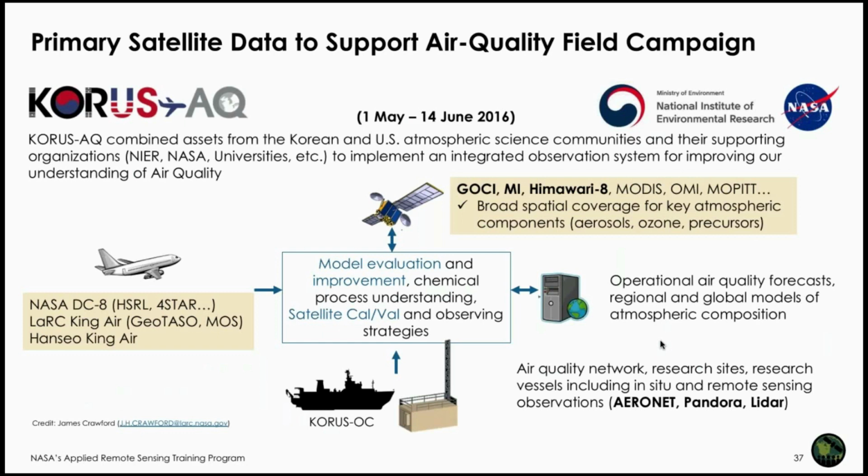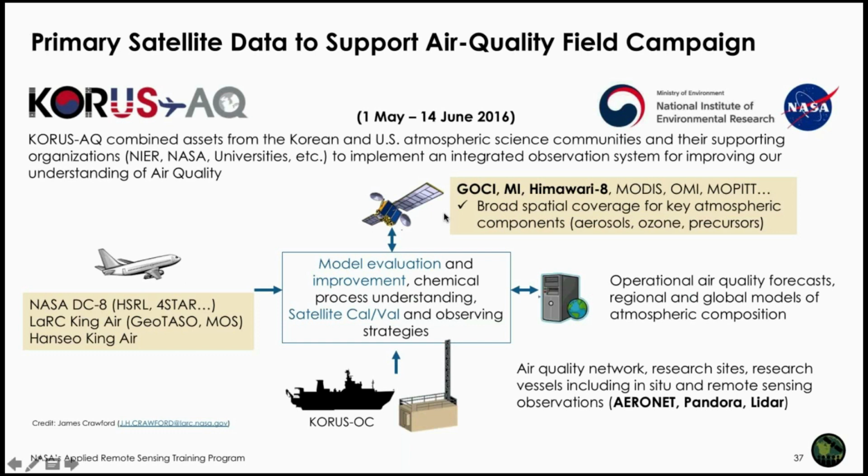Due to the multiple-times measurement advantage, this geostationary satellite is very useful as a primary satellite data source to support air quality field campaigns. This is the main information of the KORUS-AQ campaign over the Korean Peninsula in May to June 2016.